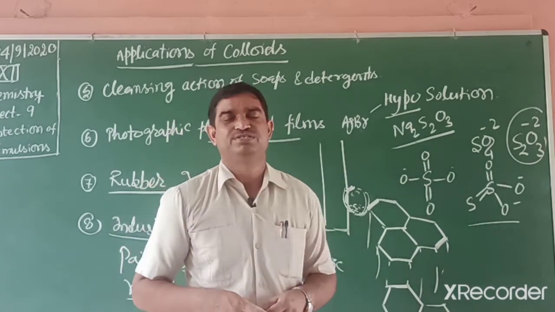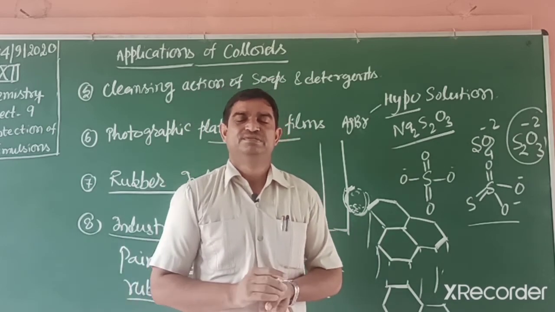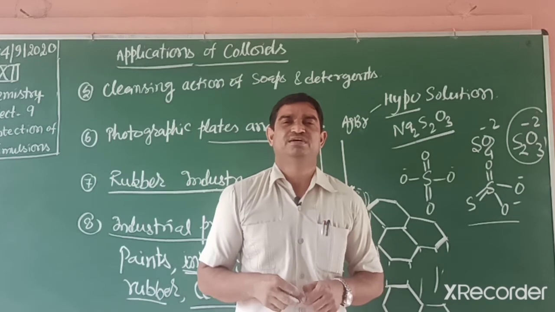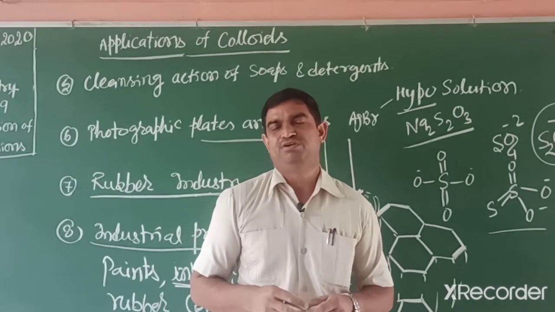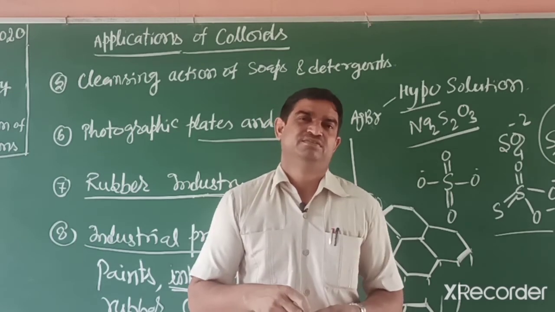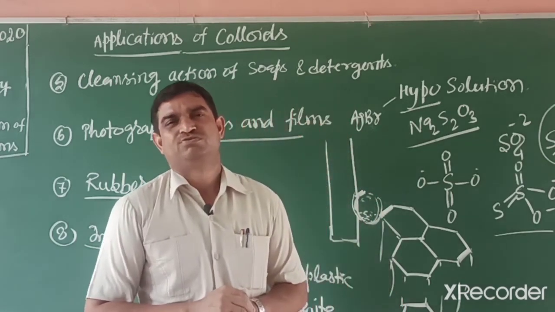Students, now we summarize what we studied today. First we studied how to coagulate a lyophilic sol: if we remove charge and solvation, or by adding a small amount of electrolyte, the lyophilic sol also coagulates.